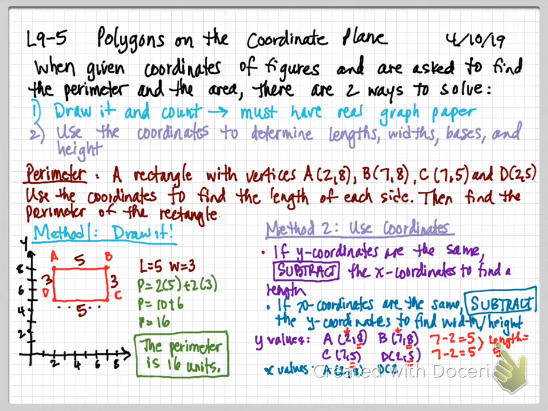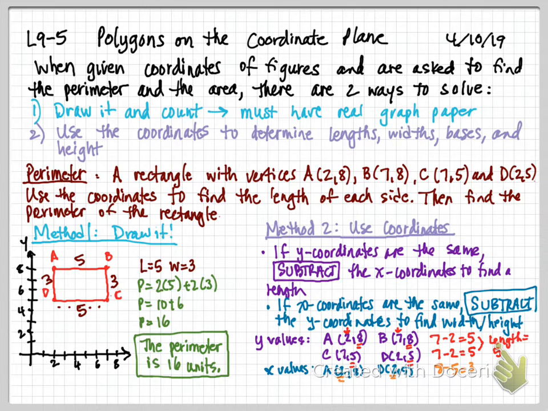D is at 2, 5. So here, my x's match, so I'm going to subtract my y values. And notice that I'm always going to take big number, take away small number.